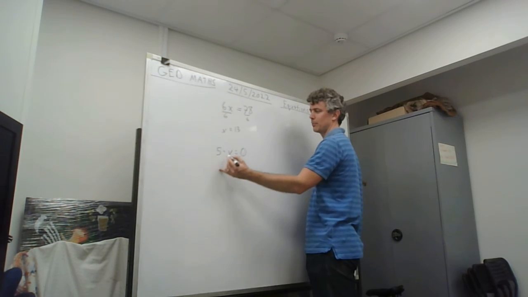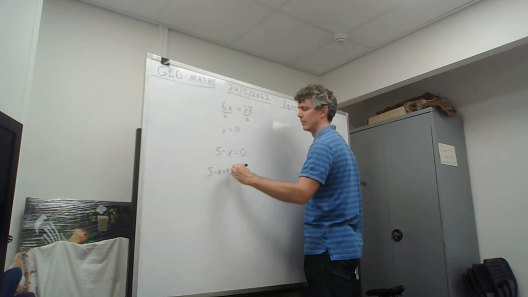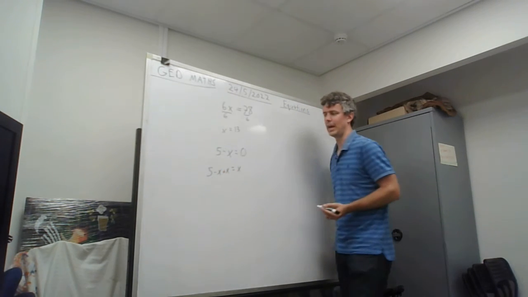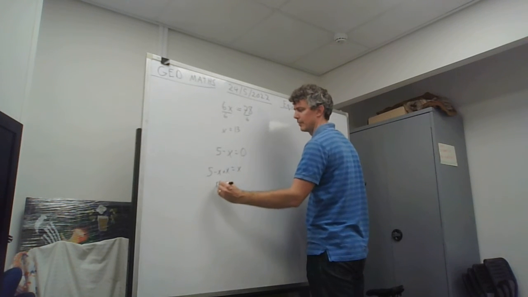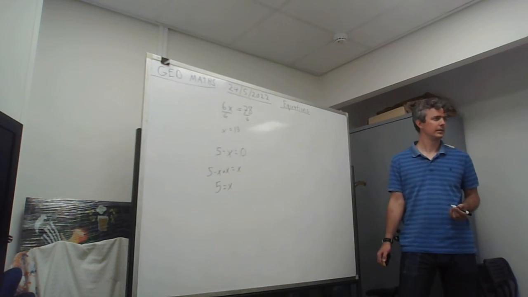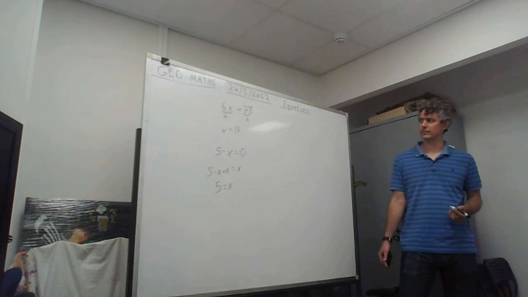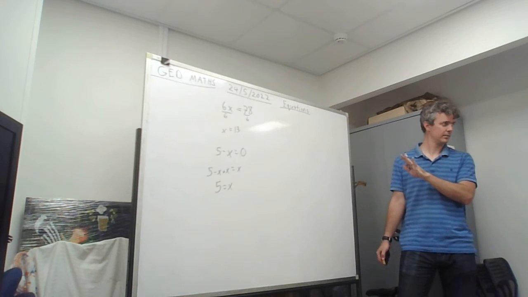So 5 minus x plus x is 5, right? So negative x plus x cancels and we get 5, so x equals 5. So these are the simple ones.